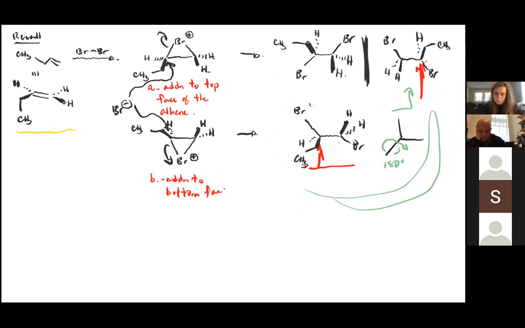I'm just going to assign the configuration. And so it's 1, 2, 3, and so this is R. And then this one is 1, 2, 3, and that is S. Okay. And so without manipulating or doing anything, you can say, yep, those are enantiomers.